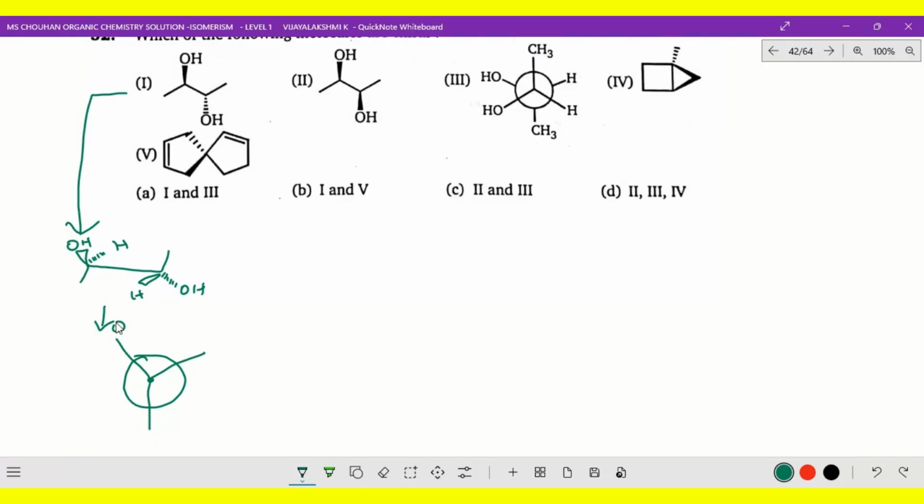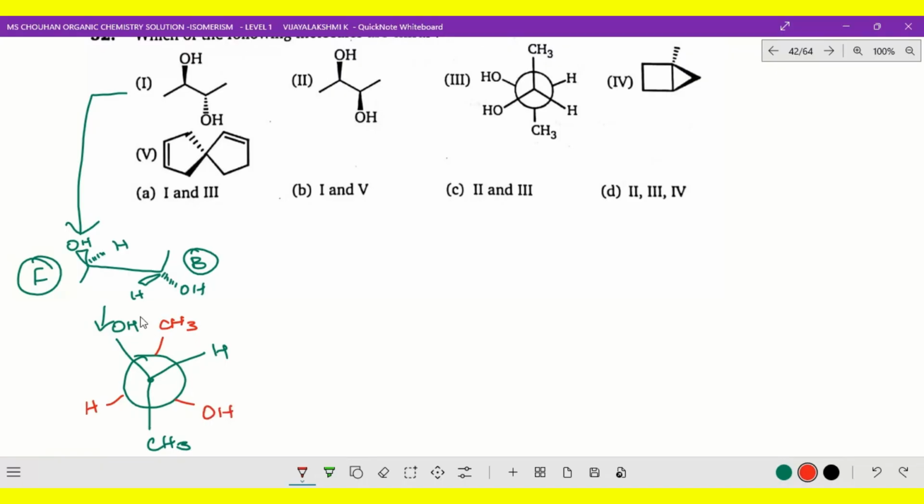So this is the front carbon, and this is the back carbon. I change the color. Here on the back carbon, top CH3, down hydrogen, and here OH.